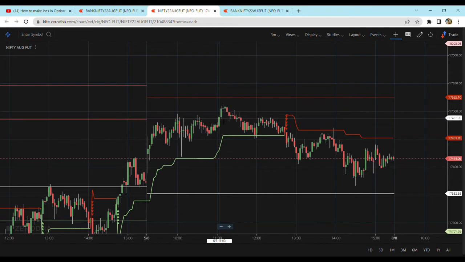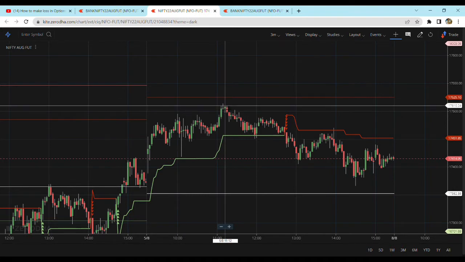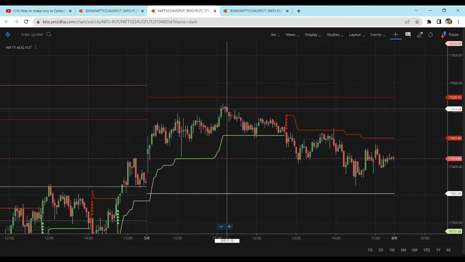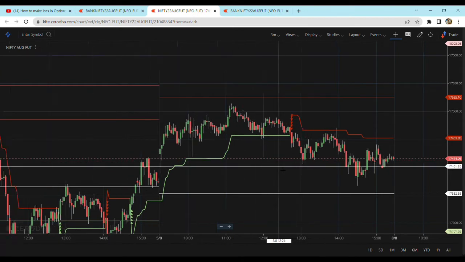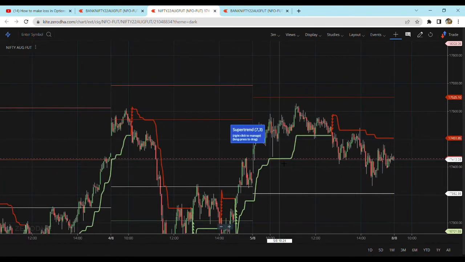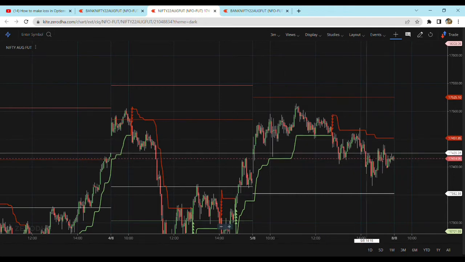But after around 11 o'clock it successfully broke the pivot level, but it couldn't sustain, took a quick rejection, and came towards the lower side. It touched the pivot level, took support, went up, and then went lower again.